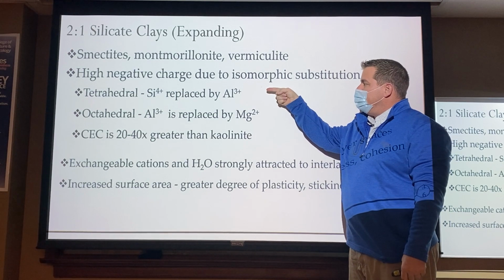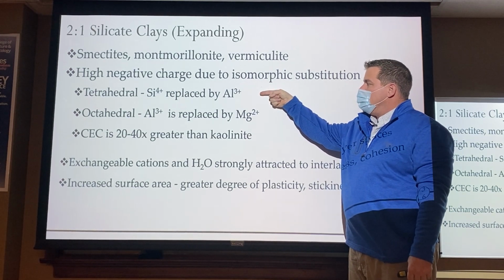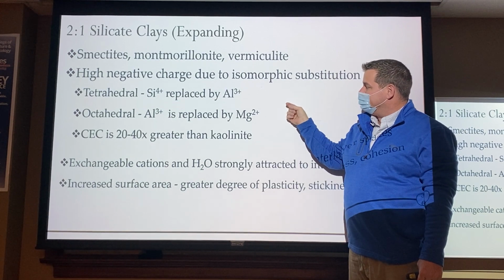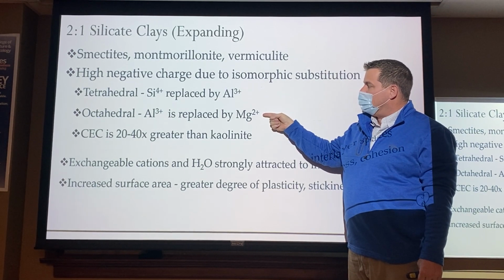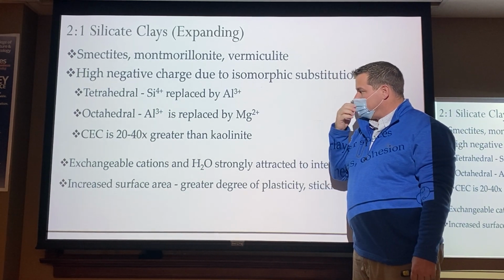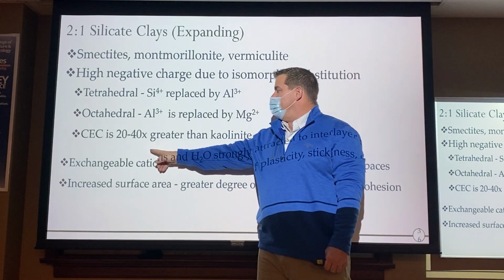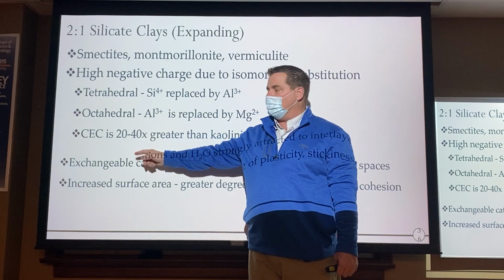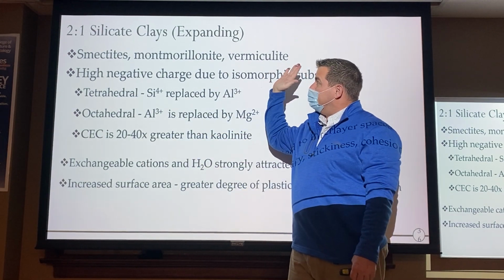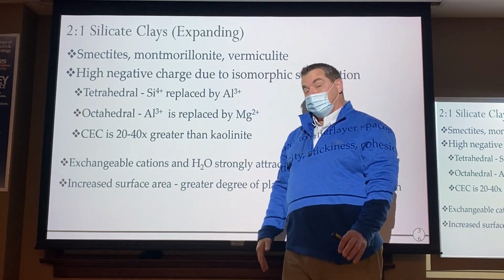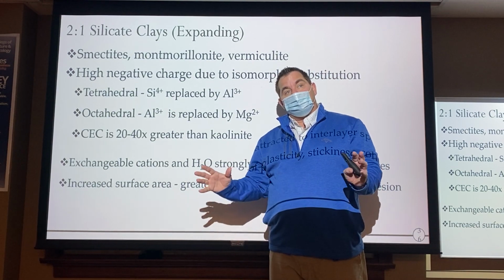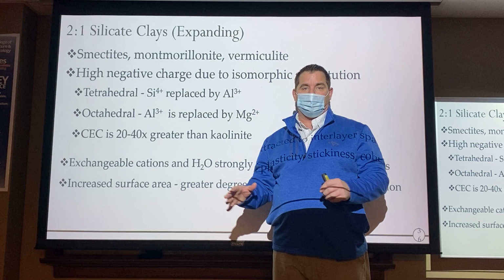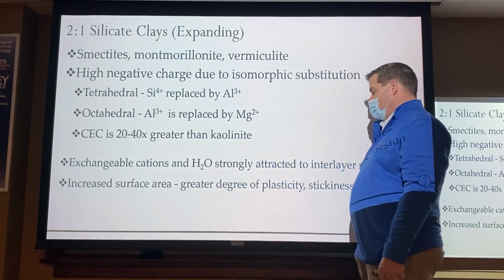But just know that in the tetrahedral, silica will be replaced by aluminum, and in the octahedral, aluminum will be replaced by magnesium. And also that we have a much greater CEC compared to kaolinite. So these can be fairly productive soils, but they're also going to cause you some problems. So we have to manage them a little bit differently.